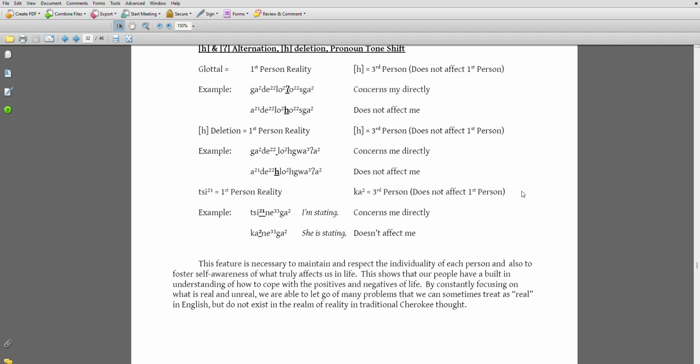So this is why we have seen a lot of our elders, like my great-grandparents and my great-aunts and uncles, go through something that looked, to people that don't speak Cherokee, very traumatic. And indeed, it was traumatic for them.